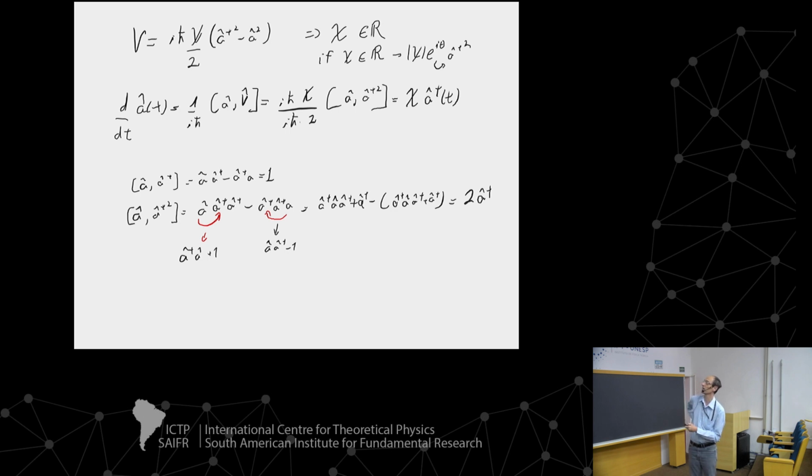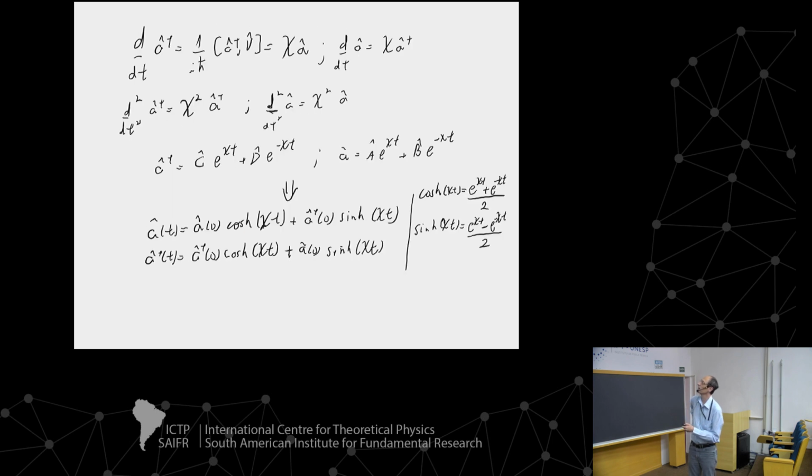The evolution of A dagger is coupled to the value of A. To do this calculation, just put the commutation relations, do that at home, take your time, and see that the solution here will be an amplification process, and at the end, you have a field produced in the output where you take the evolution of your initial state plus the Hermitian conjugate, involving here an exponential evolution.